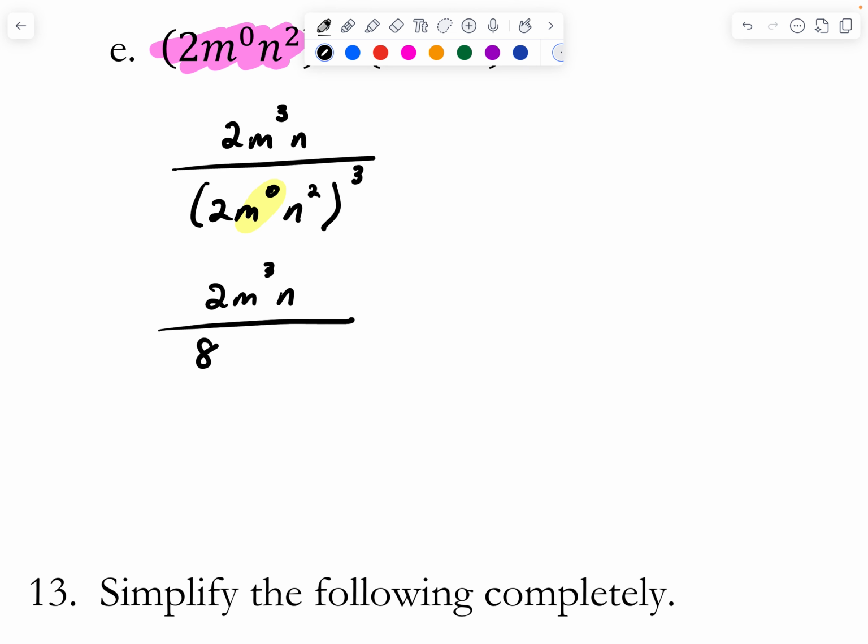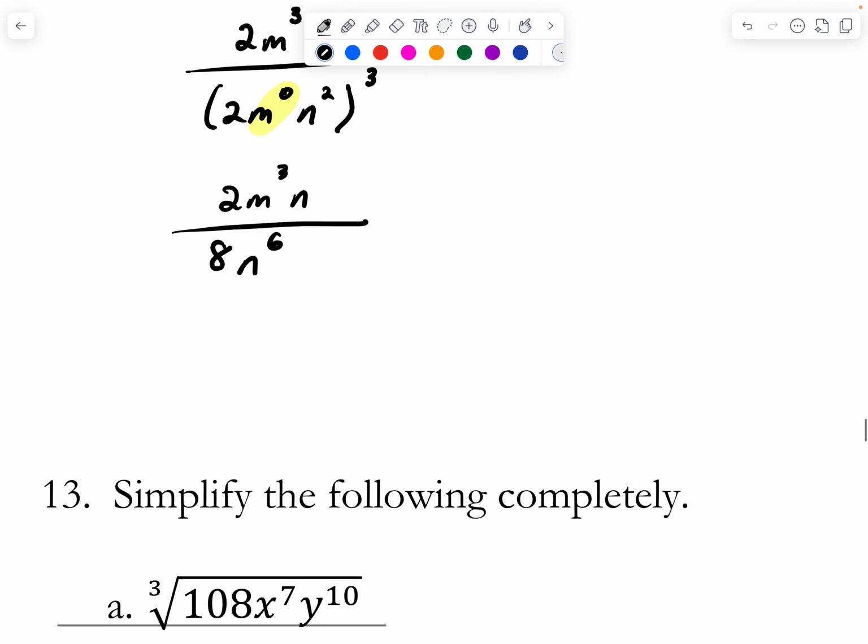So 1 cubed is just 1, so I'm done with that. And then n squared cubed, you multiply 2 times 3 and get 6. So that's going to reduce to 1/4. I have m cubed on top. You can put a 1, but you don't have to put a 1 in front. And then when I look at my n's, that's n to the first power, n to the 6th power, so I have n to the 5th power in the denominator.